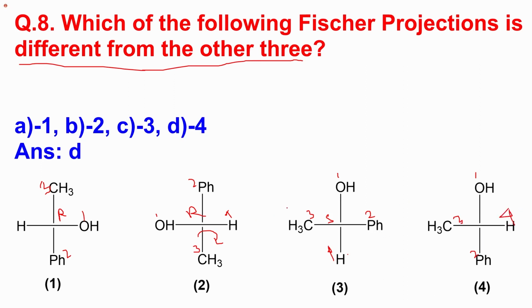You can see everywhere OH and CH3 are there, so in the first molecule also OH and CH3 are there.